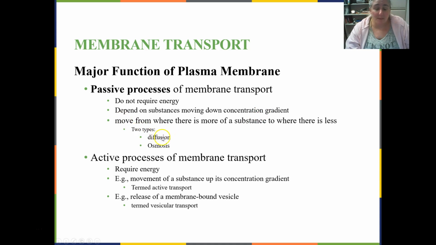And there are two types of diffusion, simple diffusion and facilitated diffusion. And then we have osmosis. And then with active transport, we use energy. So in general, the energy is going to come from ATP, but there's a secondary active transport where we're using energy of ion gradients, which we'll talk about later on, okay?